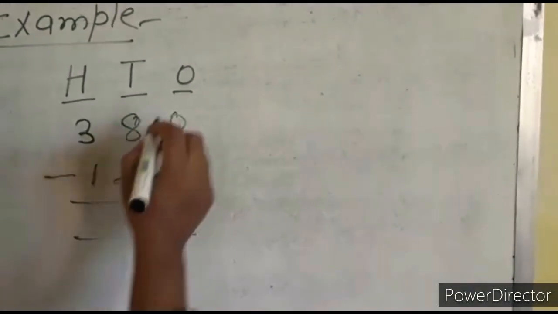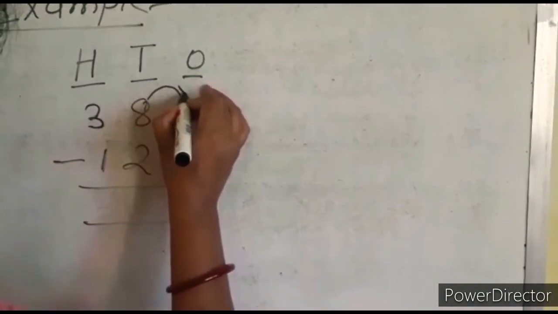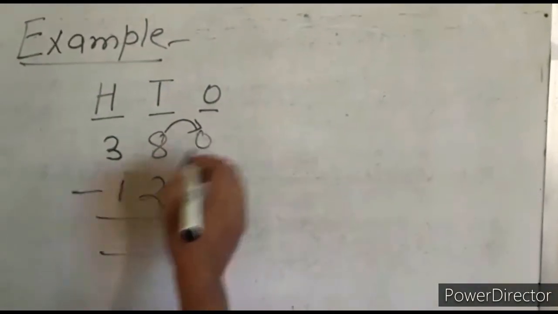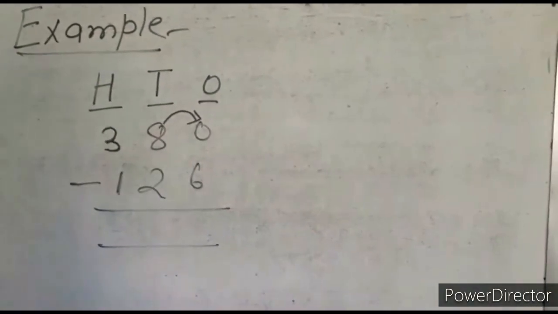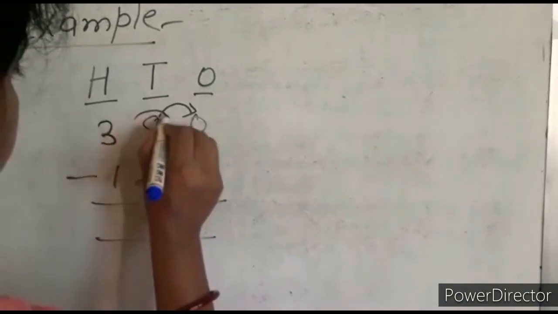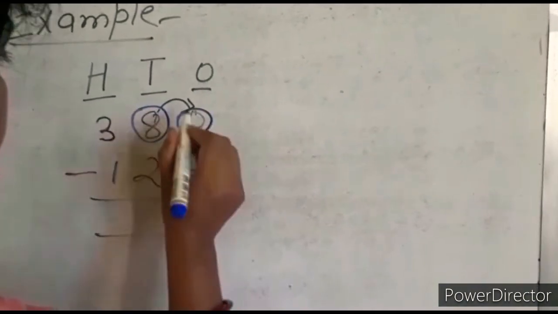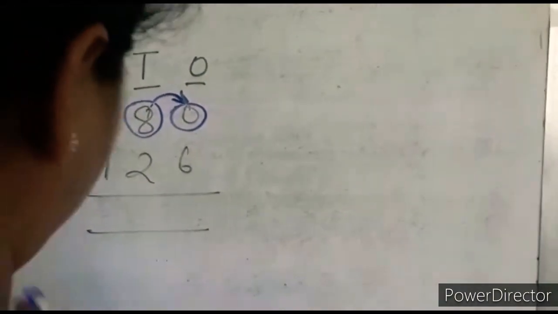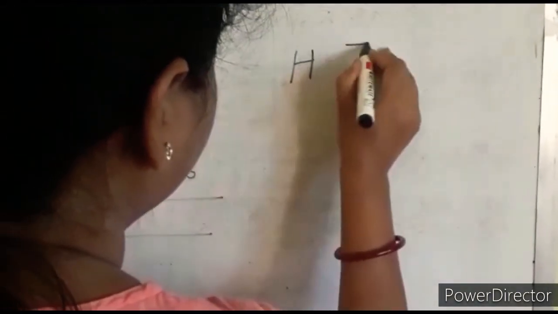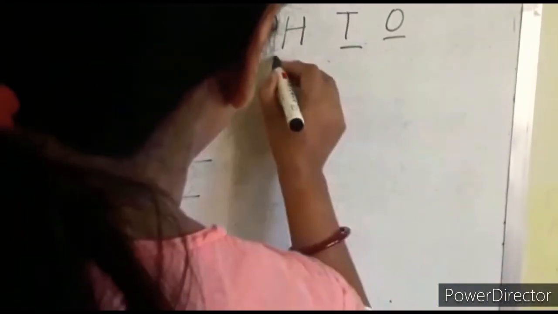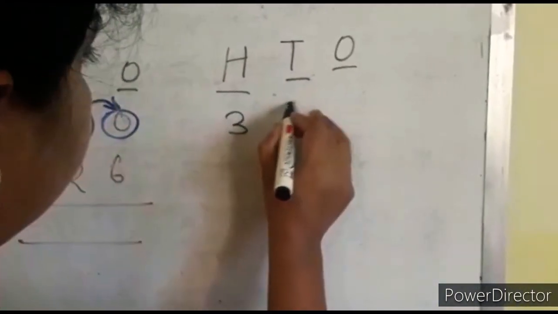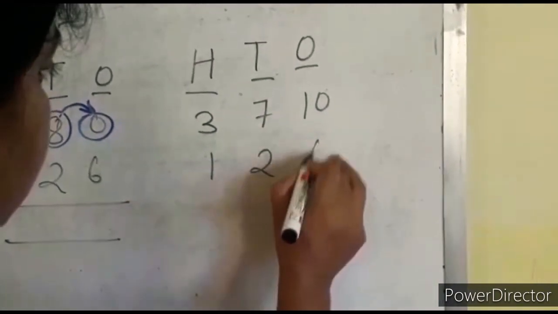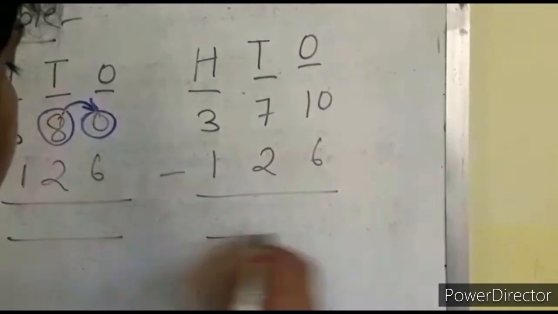The same, just transfer 1 ten to the ones column, so we get 3 7 10, and 1 2 6.